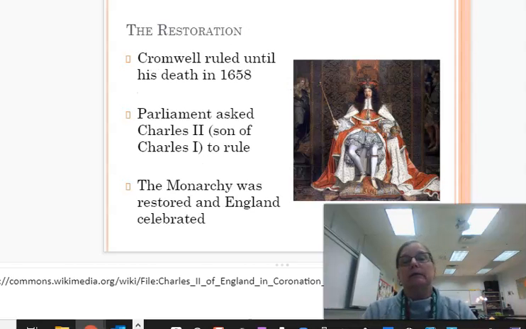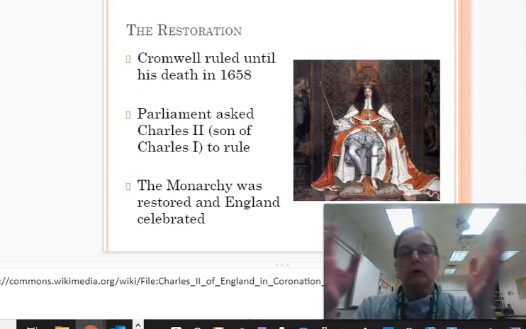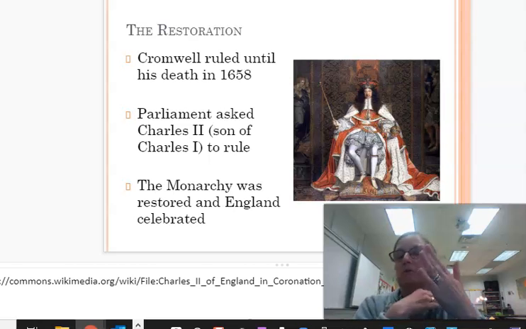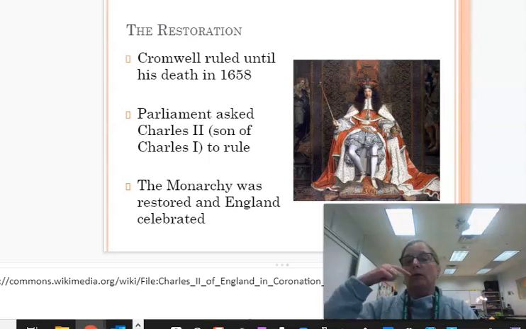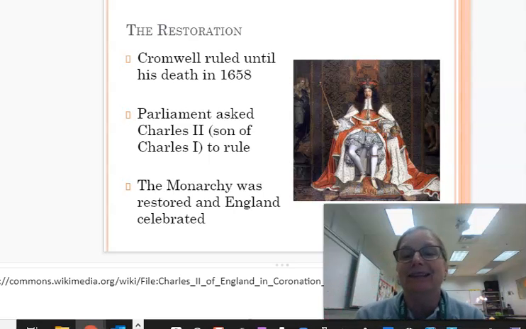So what ends up happening is Cromwell rules. Cromwell dies, military dictator. We have no constitution. We have no leader. So he dies in 1658. Parliament finally meets again and says, we got to figure this out. It's not working without a king. We need a king.